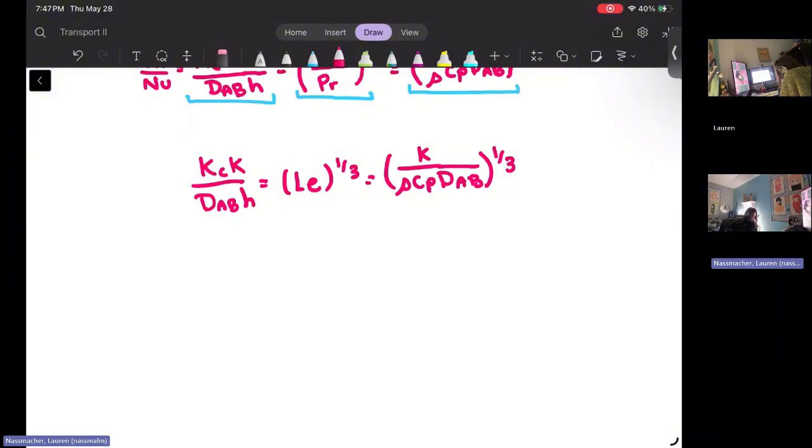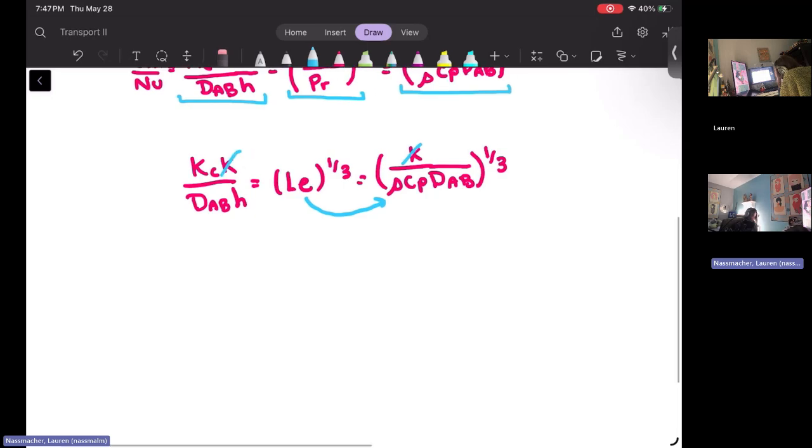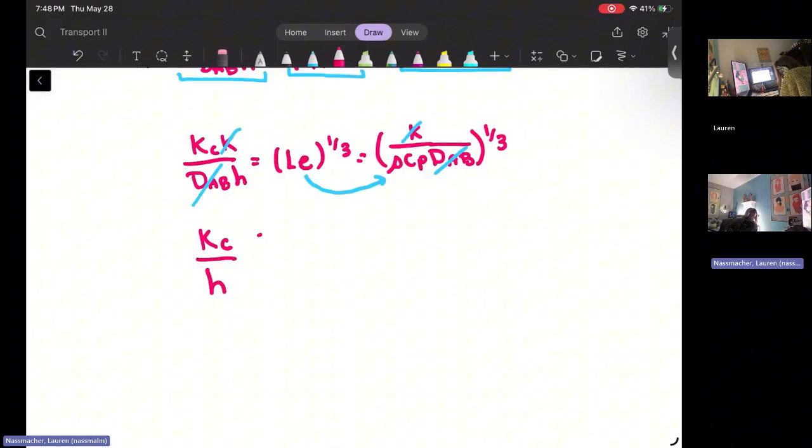Now if we substitute in the Lewis equation to here, and we divide some of these numbers out, we can cancel out these two thermal conductivities. Then these two numbers can go away. So it should just be our ratio between our heat transfer and our mass transfer coefficient multiplied by our density, heat capacity, and our Lewis number.